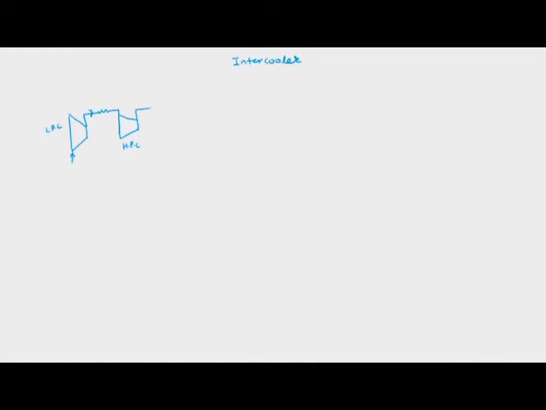From there it goes to the combustion chamber. From the combustion chamber air goes to the turbine, and then from turbine it goes to the exhaust. So this is the path of the air.